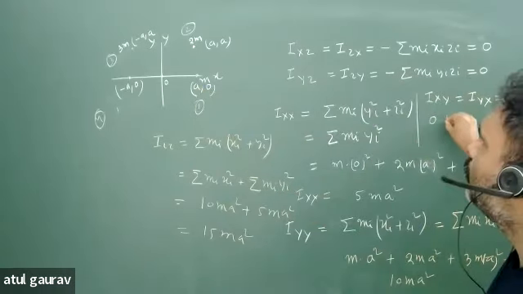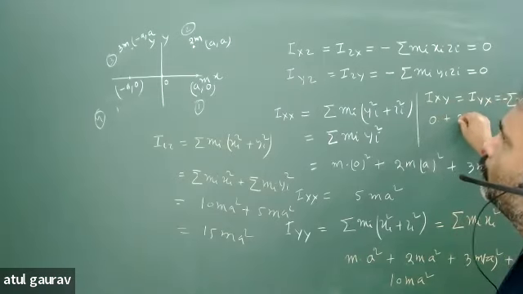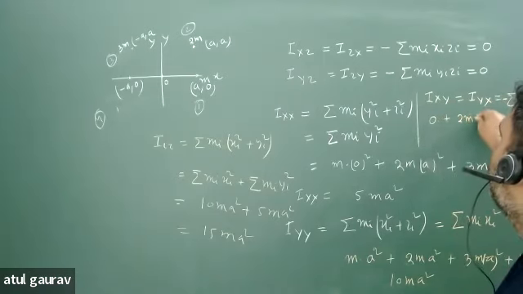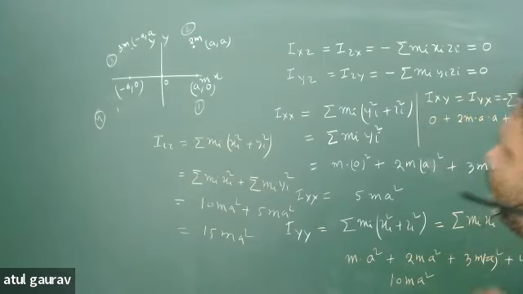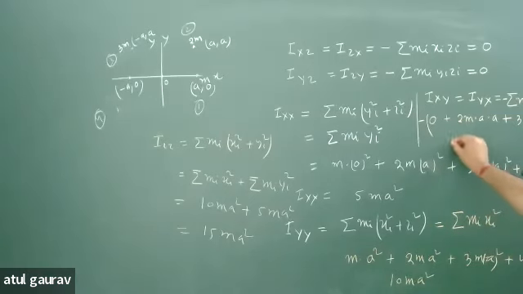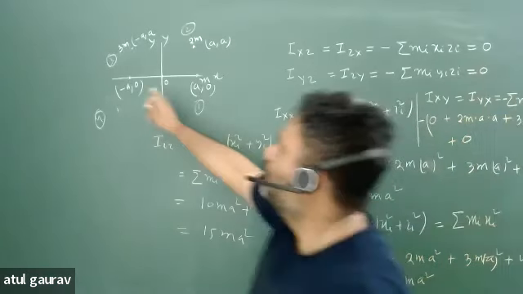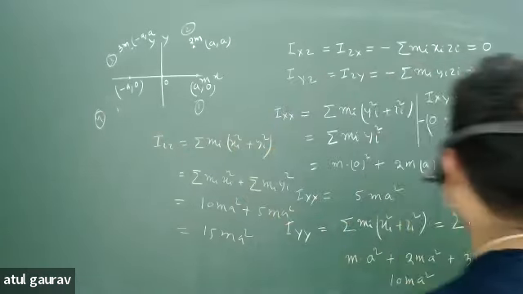What will be the second one? 2m into a. And negative sign will also be there, so we will put the negative sign before that. And what will be the third one? 3m into minus a into a. What will be the fourth one? 0. If you multiply it, that will be 0.